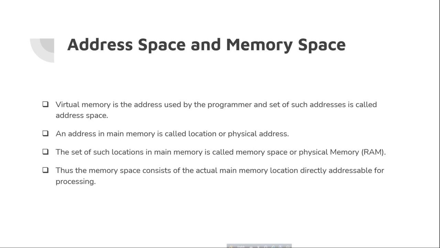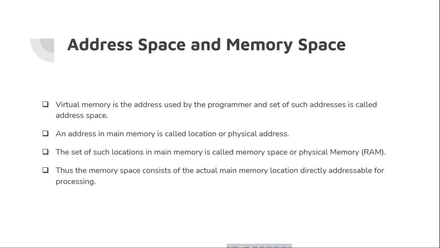Next is address space and memory space. Virtual memory is the address used by the programmer. The set of such addresses is called address space, so it is physically not available. An address in main memory is called a location or physical address, so the address of the main memory is called physical address.